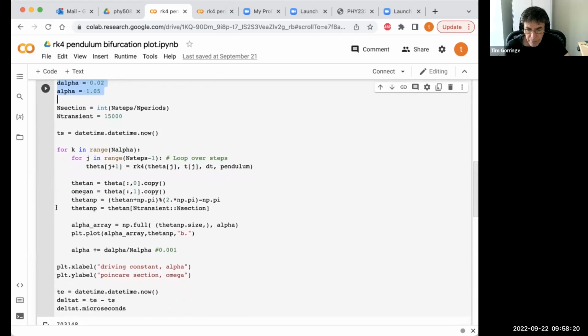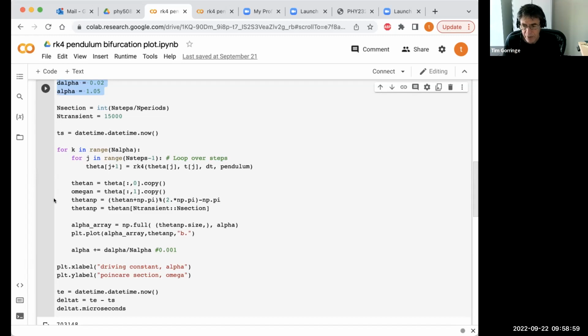The second thing that was useful was when I was making bifurcation plots versus the angular displacement. The challenge with the angular displacement is that when the pendulum loops the loop, maybe clockwise or anti-clockwise, the angular displacement picks up factors of plus 2 pi or minus 2 pi.